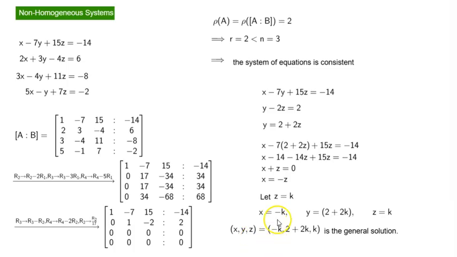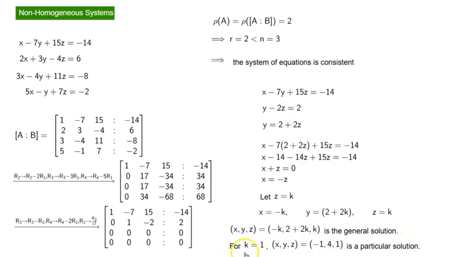(x, y, z) is equal to (minus k, 2 plus 2k, k) is the general solution. And for k equal to 1, we would have (x, y, z) equal to (minus 1, 4, 1) as a particular solution.